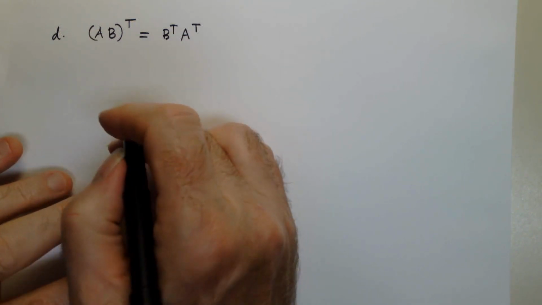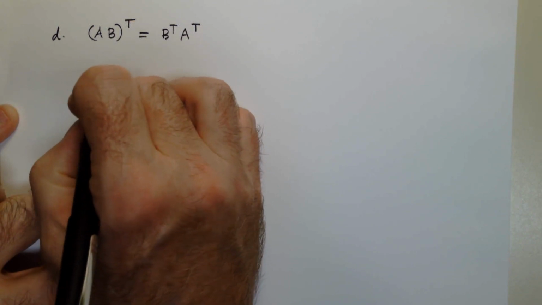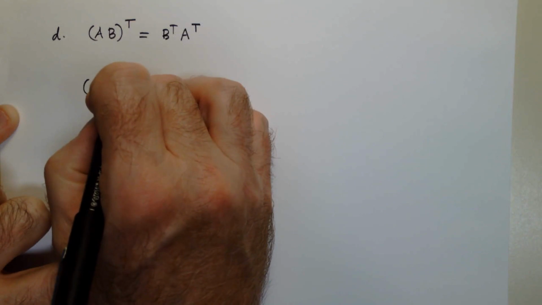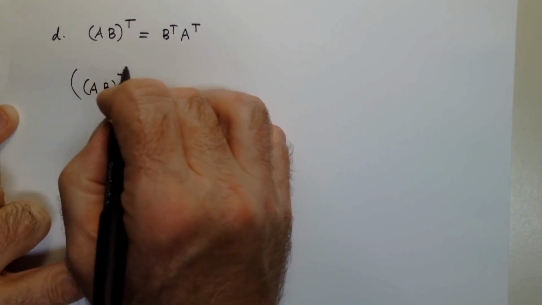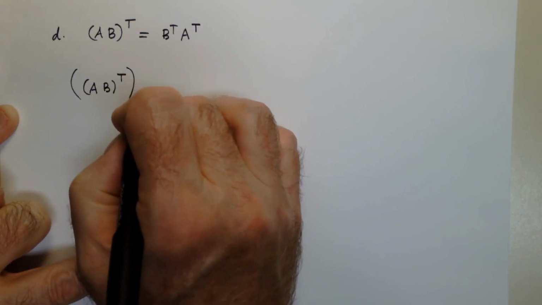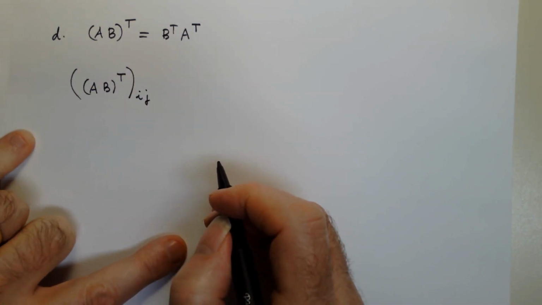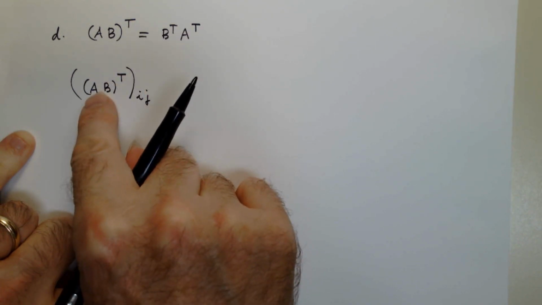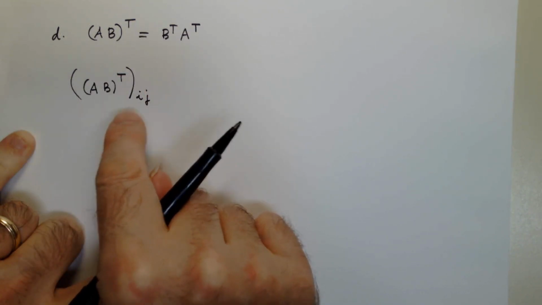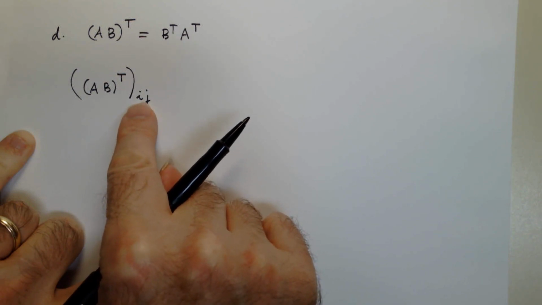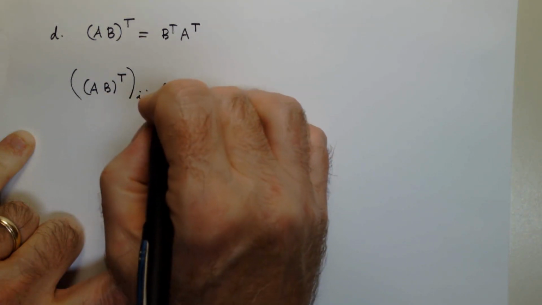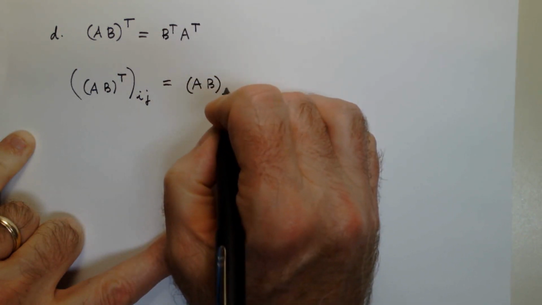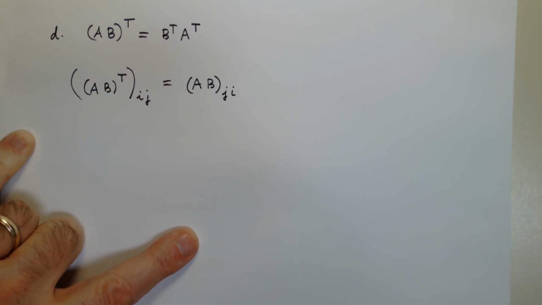Let's think about what is the ij element. We've got A times B. We're first multiplying A and B, then taking the transpose of that, and then asking for the element that sits in position ij. Now, we know that the element that sits in position ij in the transpose is the same as the element that sits in position ji in the regular matrix.